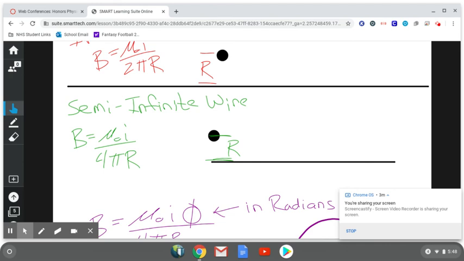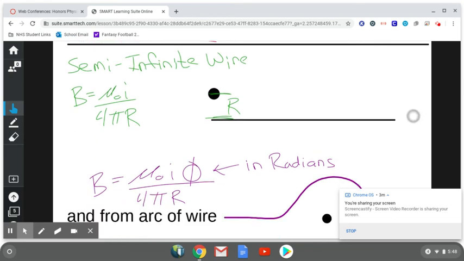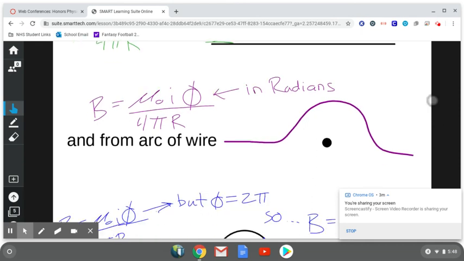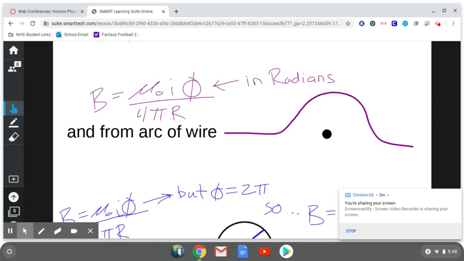So as you can imagine, if a fully infinite wire is mu naught I over 2 pi r, then a semi-infinite wire would be half that, which would make it over 4 pi r. And there are also equations for if you're looking for an arc of wire, and that would be B equals mu naught I phi over 4 pi r, where phi is the length of the arc measured in radians.